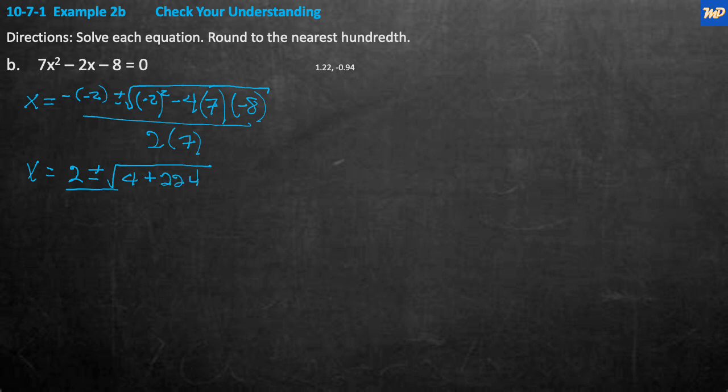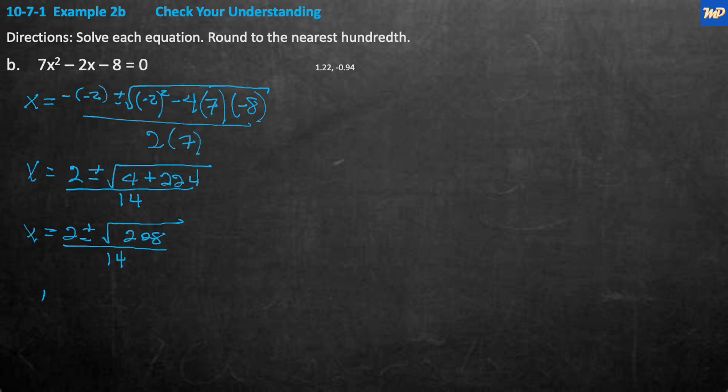And that's all over 14. Okay. And now we have x is equal to 2 plus or minus the square root of 4 plus 224 is 228 over 14.